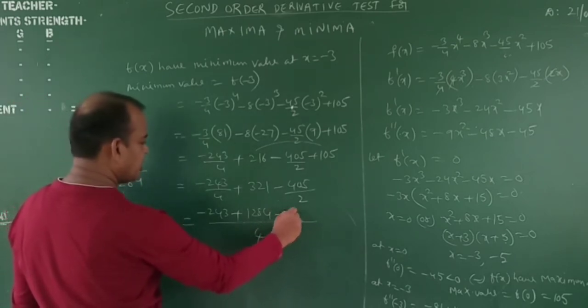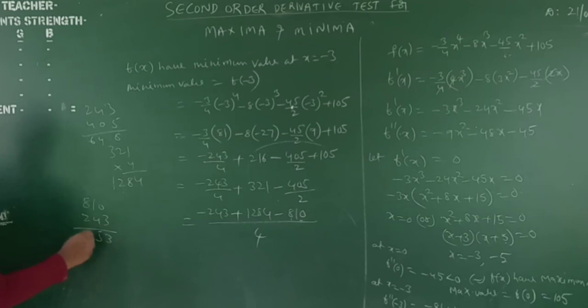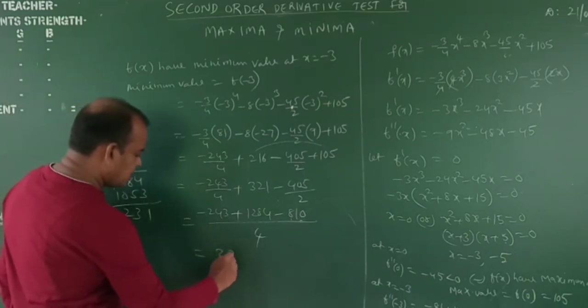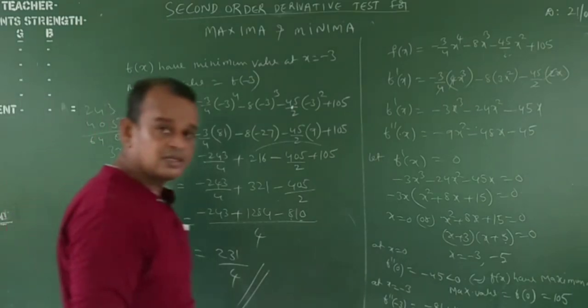Again, mistake is going on. 1284 minus 810, 243 added to 810 is 1053. Now subtract. 1284 minus 1053, that is 231. That equals 231 by 4. That is the value, my dear students.